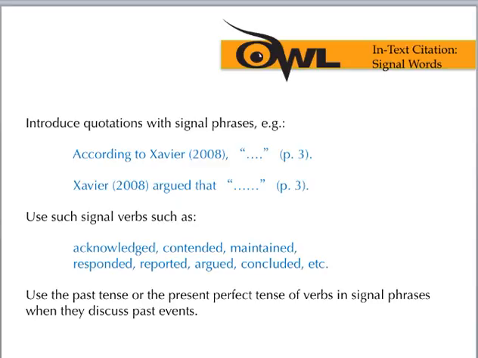You can see here, according to Xavier 2008, and just a few other ways to introduce your quotations, again with the page numbers after. And then you can see here the signal verbs tell you that the quotation is coming up, and this is what this person said.